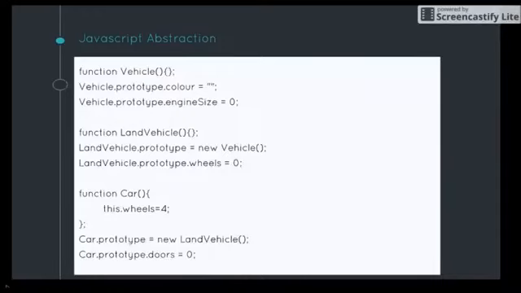So it has wheels. Land vehicles have wheels. After that, we create an object called cars, and we say, just in this example, all cars have 4 wheels. So this object has created its own variable called wheels. Then that inherits from land vehicle, and it has doors in its prototype, so that could be inherited.